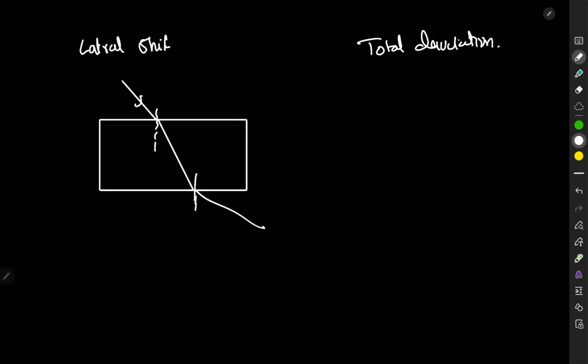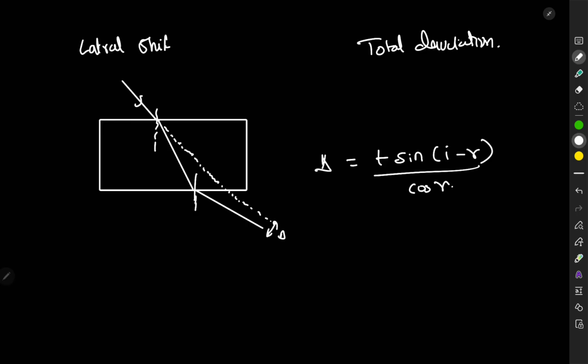But if it has the same medium, the light ray will go like this, right? This distance between the undeviated light ray and the deviated light ray is called delta, known as the lateral shift, and it can be calculated by t sin(i minus r) by cos r. Remember this formula.